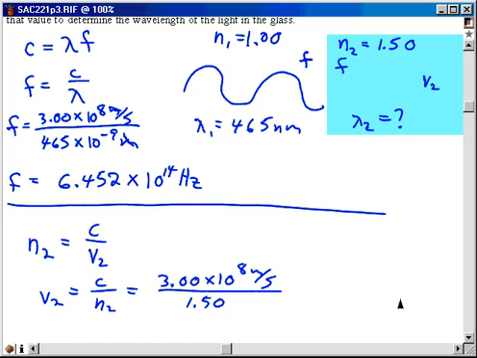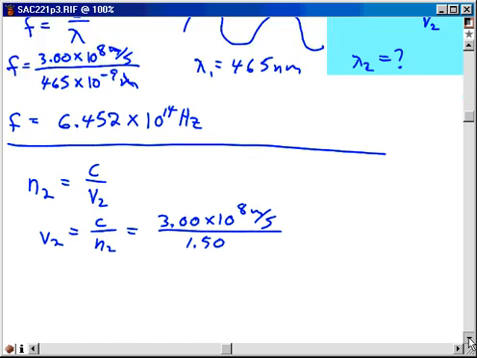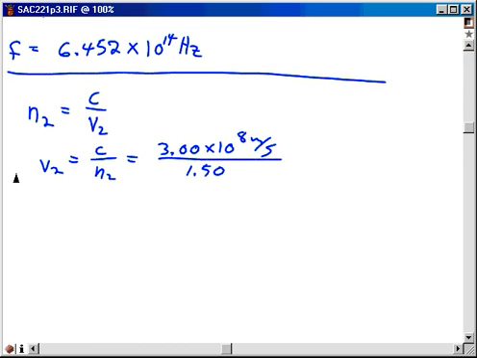Then in the glass, the expression speed of the wave is equal to the wavelength times the frequency still holds. It's true, but we got a different velocity and we're going to have a different wavelength since the frequency is the same.